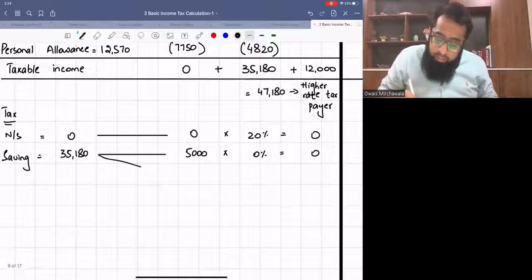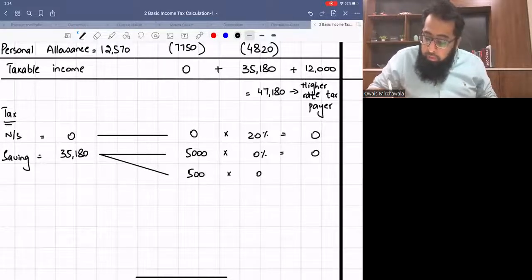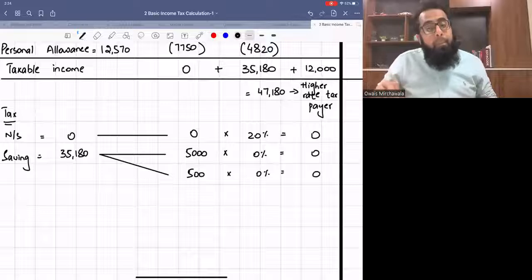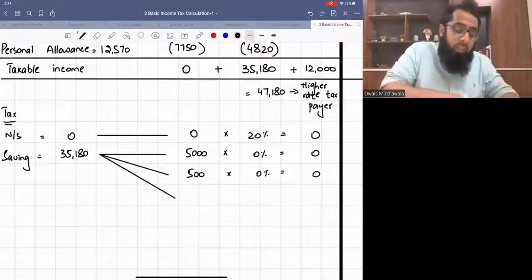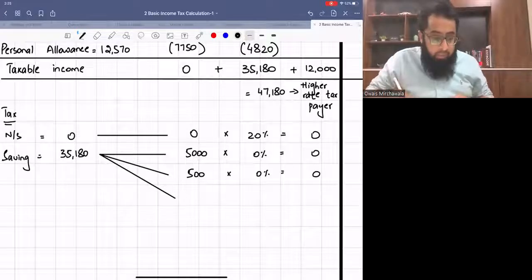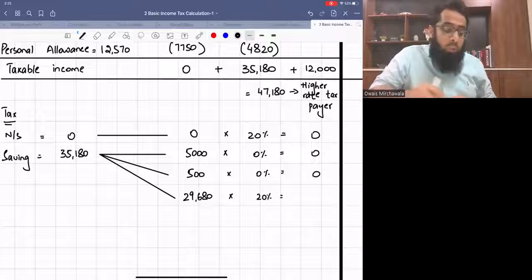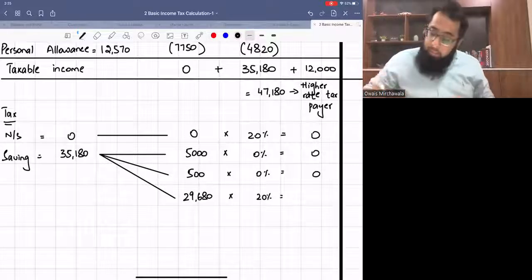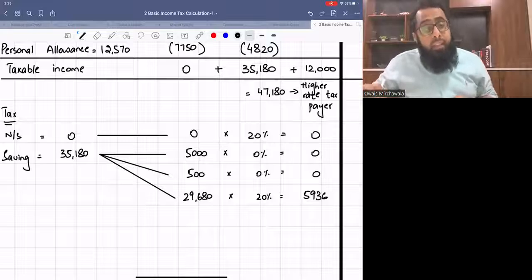Since we are a higher rate taxpayer, 500 more goes in the 0% band. The remaining saving income, after 5,500 is deducted, is 29,680, which goes on at 20%. That gives 5,936.